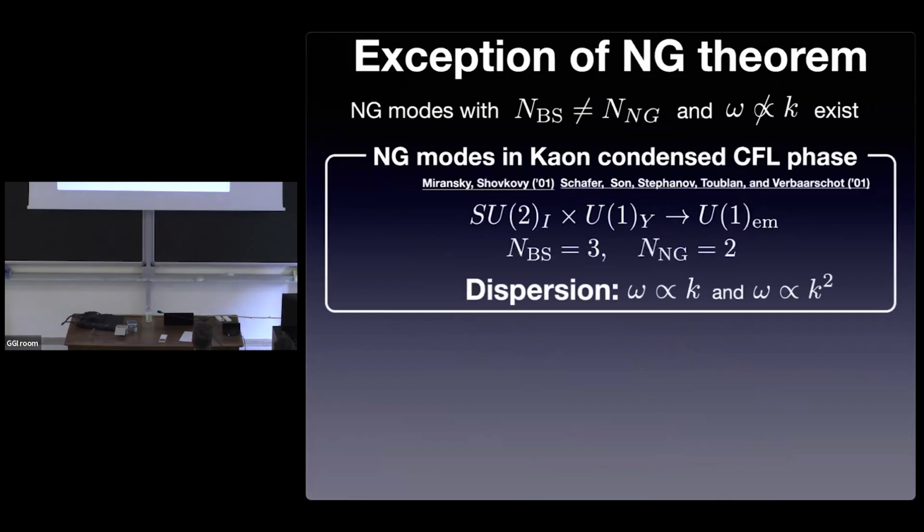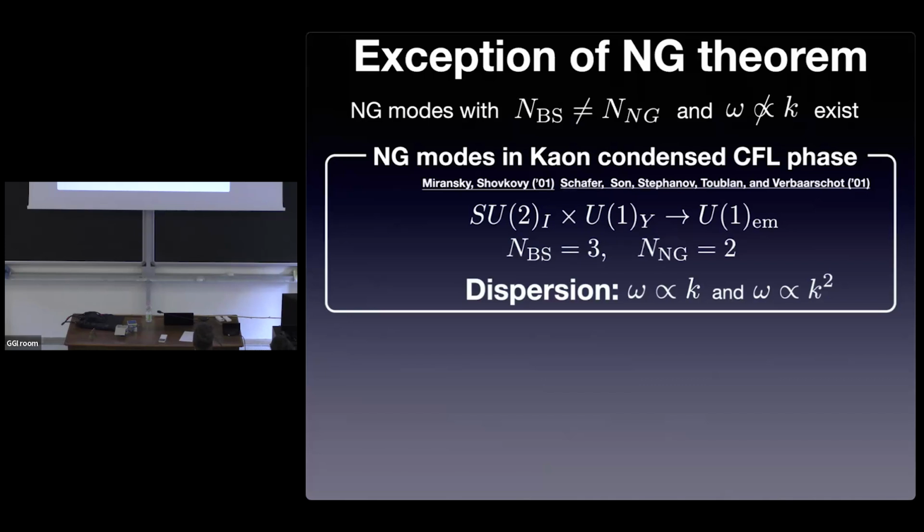But in nature, there are many different types of Nambu-Goldstone modes. For example, in the context of QCD, if you go to a very high density system, where the color flavor locking, that is the color superconducting phase, is realized, and also the kaon is condensed, then in that case the symmetry breaking pattern is SU(2) isospin times U(1) hypercharge breaking into U(1), which looks like the ordinary, a similar breaking pattern as the electroweak.